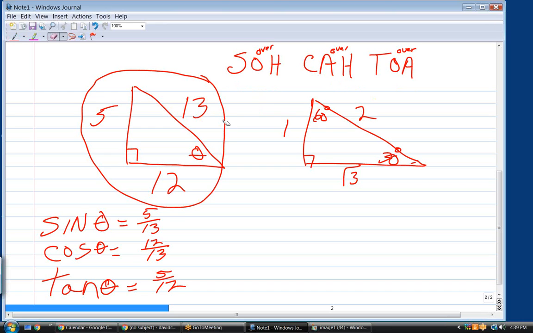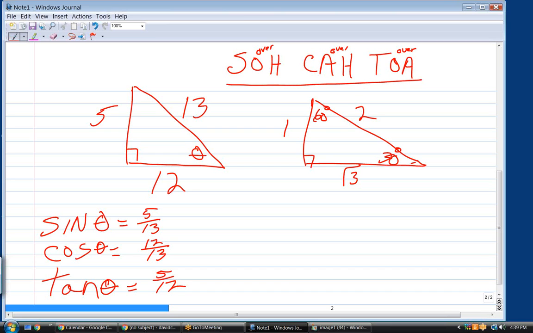It's definitely the very first thing in trig that you're going to have to memorize. Now, trig is like a foreign language. You probably have never heard these terms, or not very often, sine, cosine, and tangent. So you're going to be dealing with a whole new vocabulary. And it all starts with that.